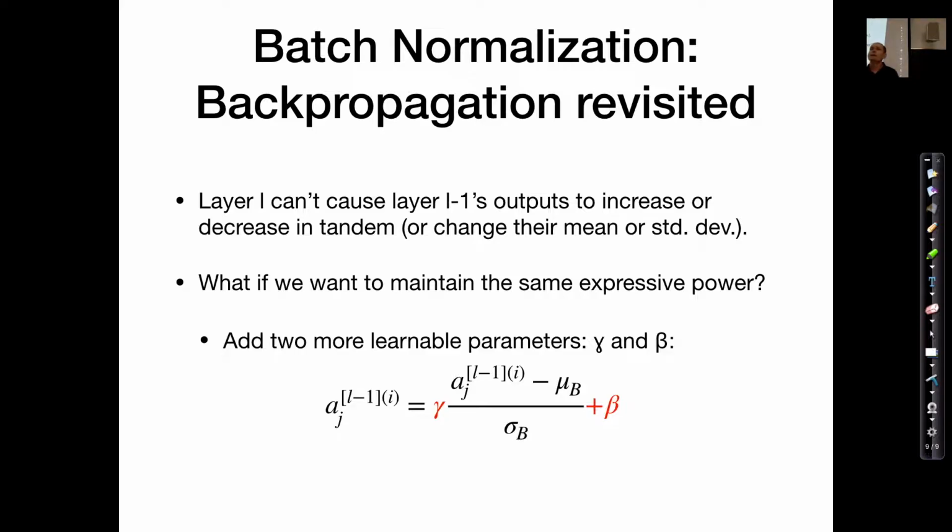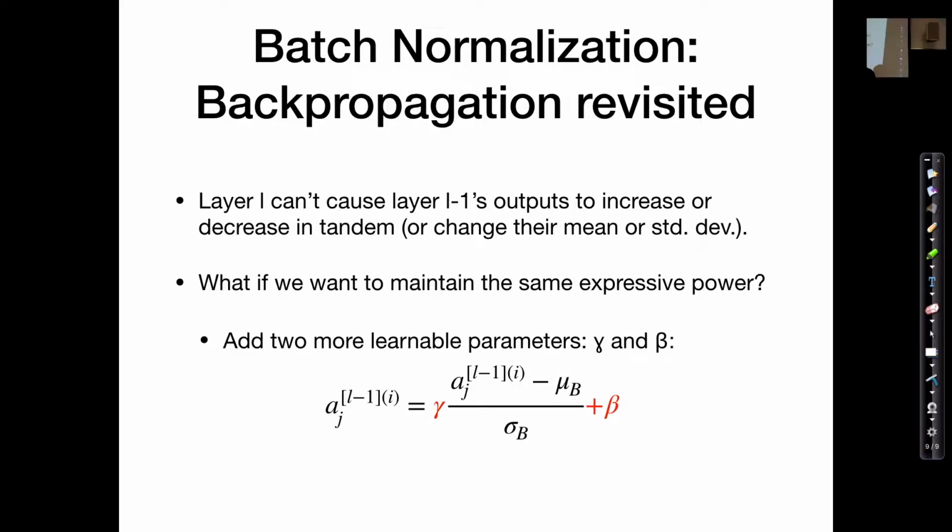what we have done here is reduced our expressive power. Okay? We have reduced the power of our network because the output of a particular layer has a mean of 0 and a standard deviation of 1, and there's no way that the backpropagation can change that. Because every time we go through this batch norm process between layer L minus 1 and layer L, that's going to force the mean and standard deviation to be 0 and 1.